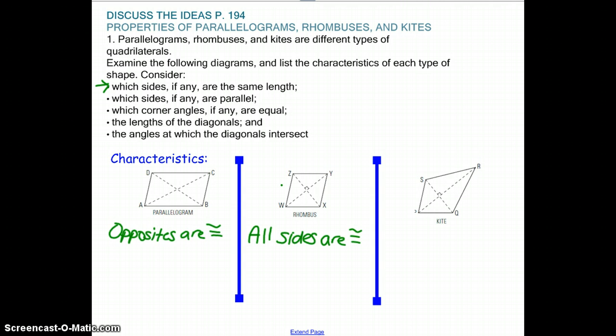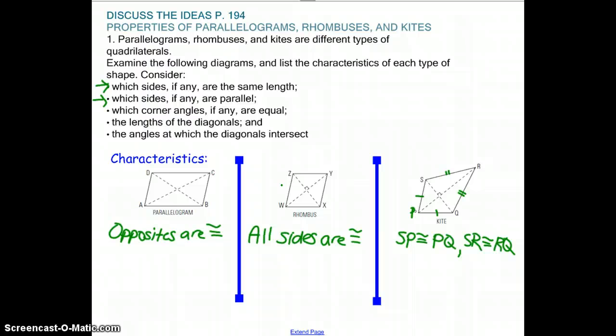And with the kite, we have two that are congruent, and then the bottom two are also congruent. So here we'd have, and this is supposed to be a P, SP is congruent to PQ, and SR is congruent to RQ. Okay, next point. Which sides are parallel?